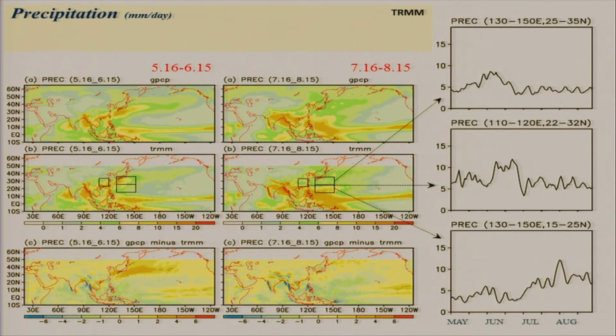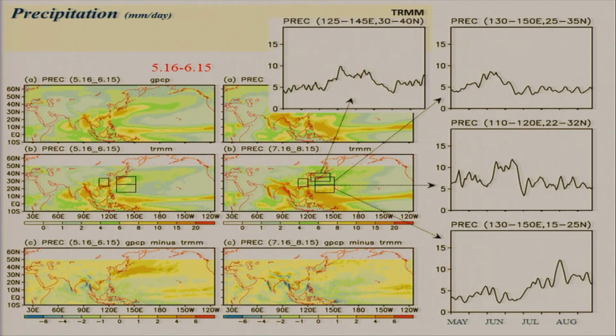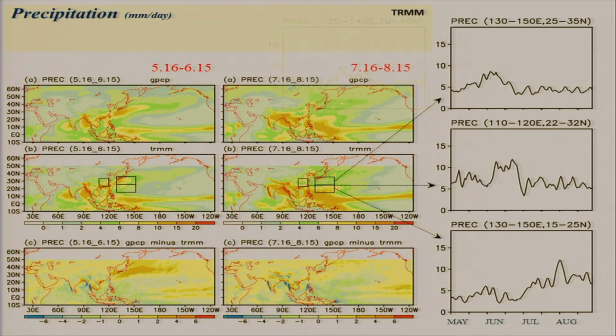The evolution of precipitation is highly related to the evolution of the Western North Pacific high. Generally you can see the earlier precipitation season in East Asia and then in the Western North Pacific. For more specific precipitation in Korea and Japan, the timing of the precipitation season is a little different compared with the other regions. And this is the observation.